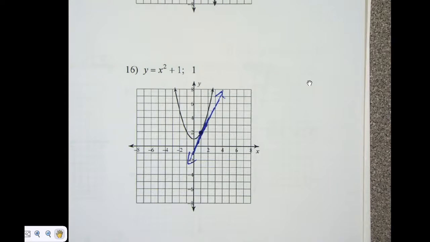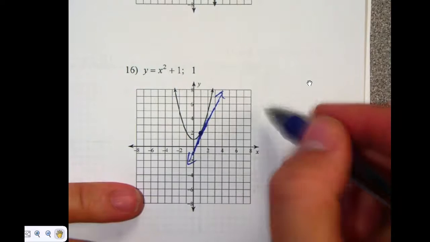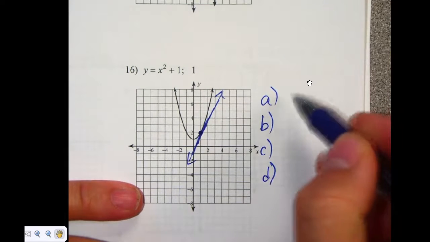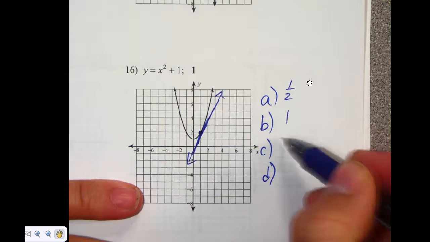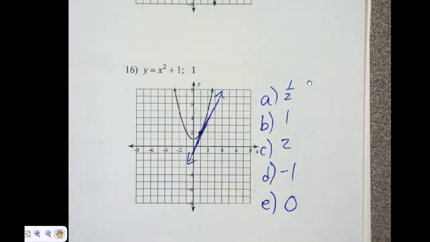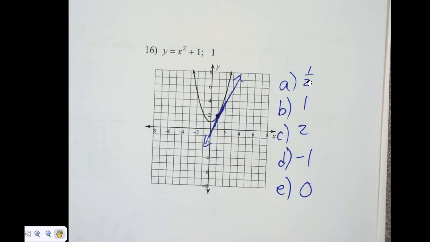And here are your choices. Let's make it multiple choice. That'll give me an idea of if you're with me or not. Hold up your fingers. A is 1, B is 2, C is 3, D is 4, E is 5.